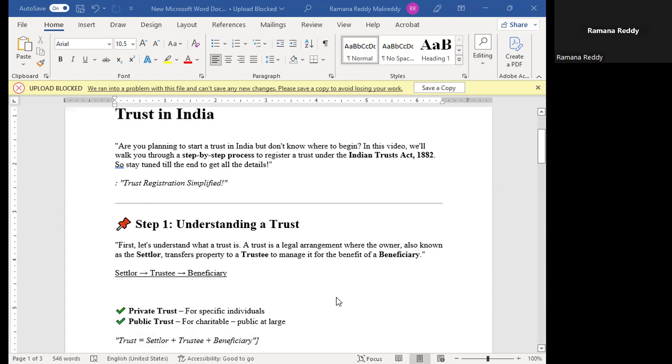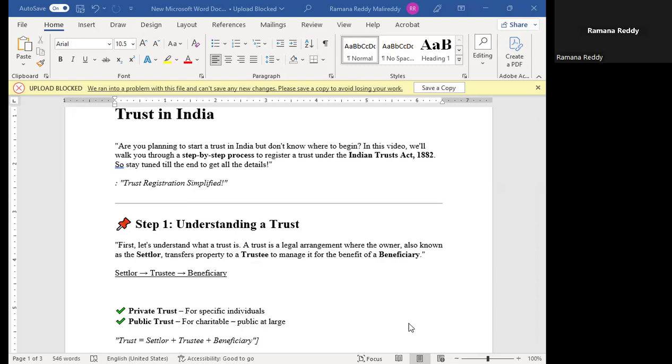The first step, understanding a trust. First, let's understand what is a trust. A trust is a legal arrangement where the owner, also known as a settlor, also known as the author, transfers some property to a trustee to manage the property for the benefit of a beneficiary.